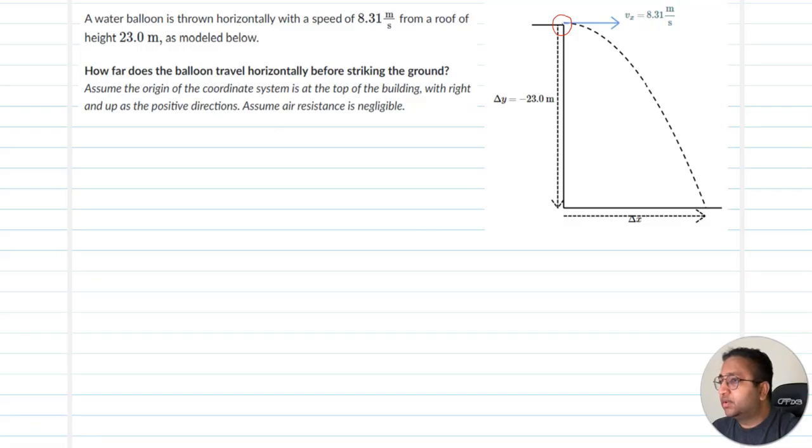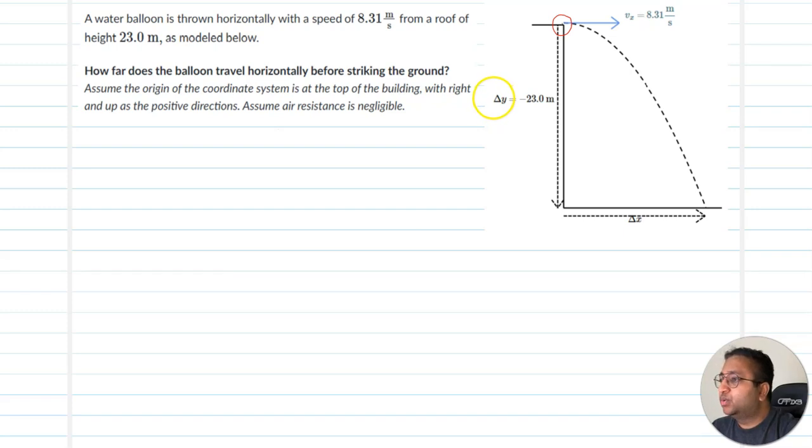We have to assume the origin of the coordinate system is at the top of the building, which I have highlighted over here, with right and up as positive directions. And we have to also assume air resistance is negligible.